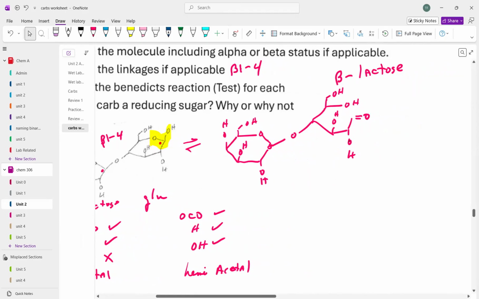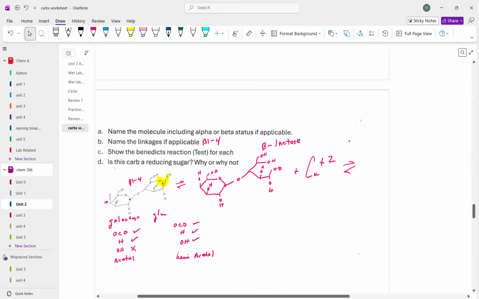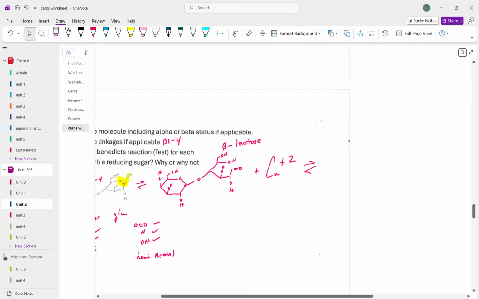So now I have the aldehyde right here. And throw in some copper +2. That's going to oxidize that aldehyde.